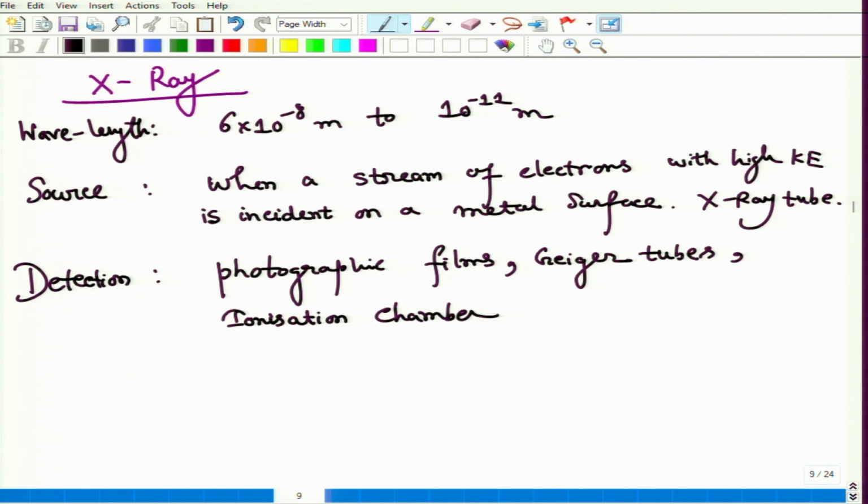Okay, so these are the detection methods and uses of X-ray. We are very much aware of the uses of X-ray. X-rays are basically very much used in our medical science.